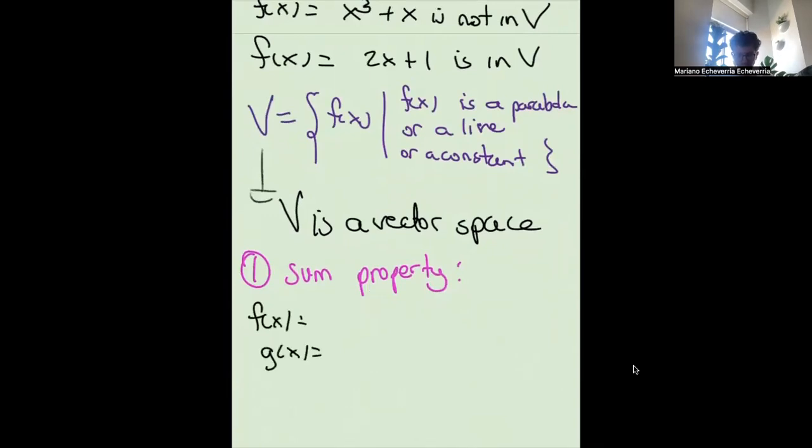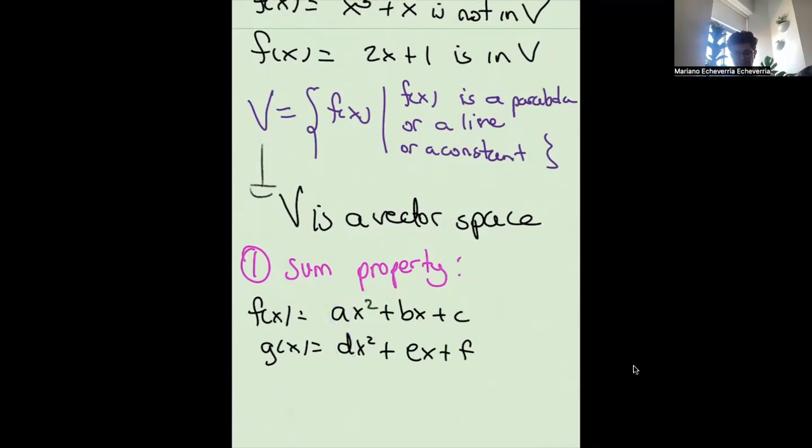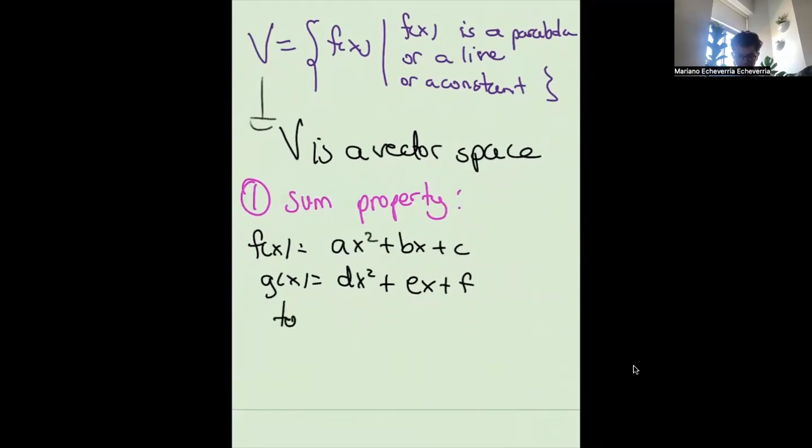You can call f of x ax squared plus bx plus c, and you can call the other one dx squared plus ex plus f. So these are two polynomials of degree at most 2, because if the degree is lower than 2, you can just take these constants to be 0. So this covers all the cases.